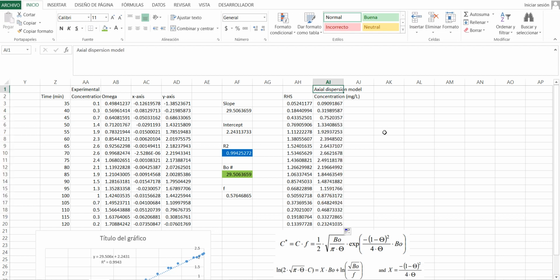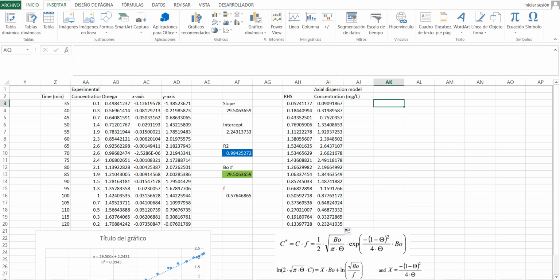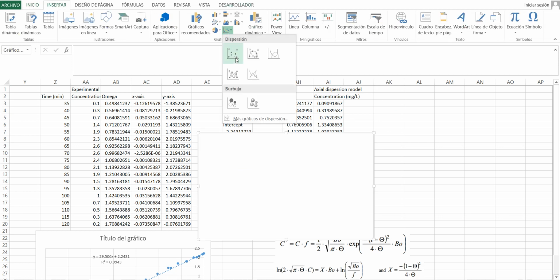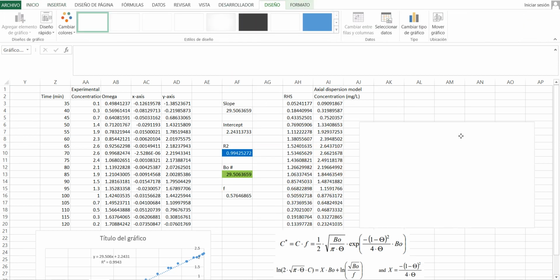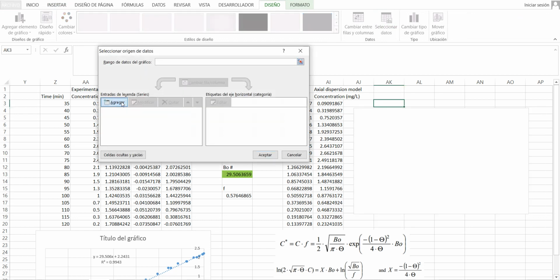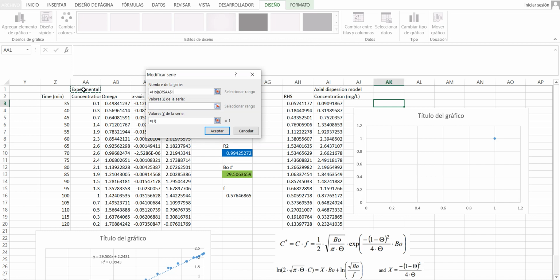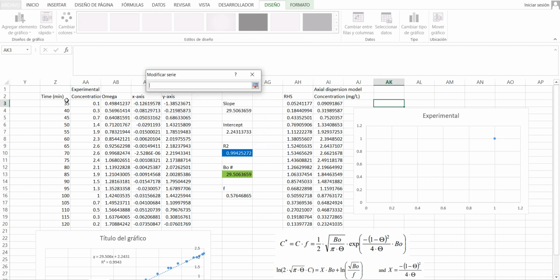So everything looks fine. Now we are ready to observe all this data in a diagram. So we're going to select the data. This would be the experiment. We are going to first plot the experimental one. The x-axis would be the residence time.